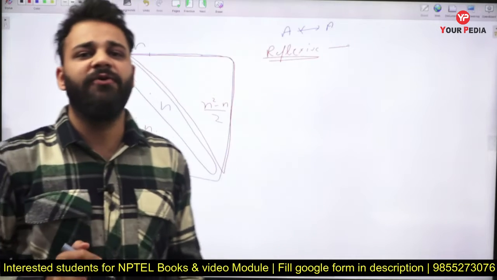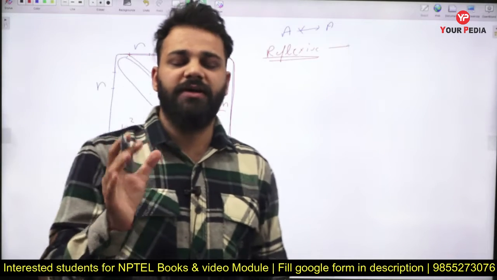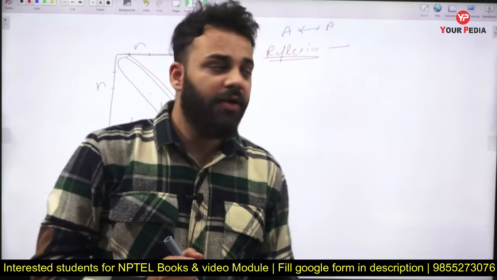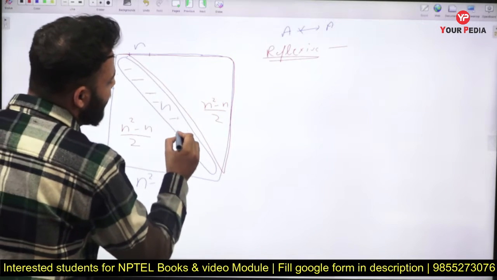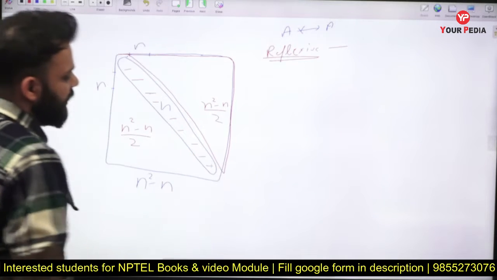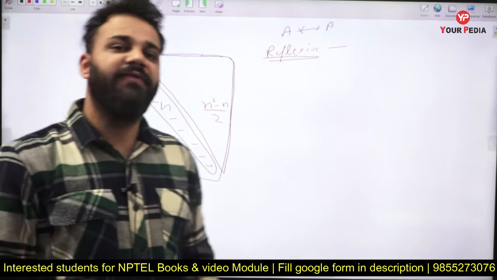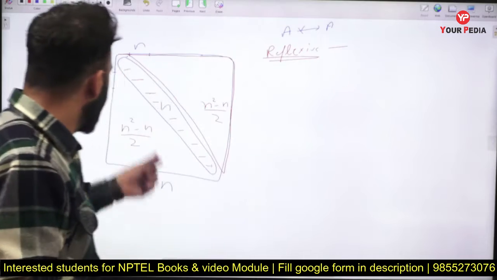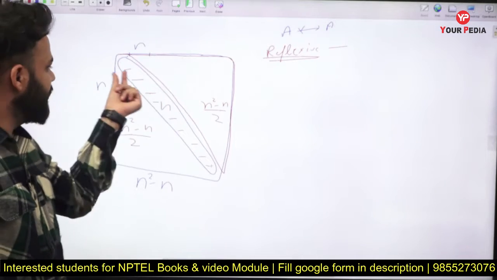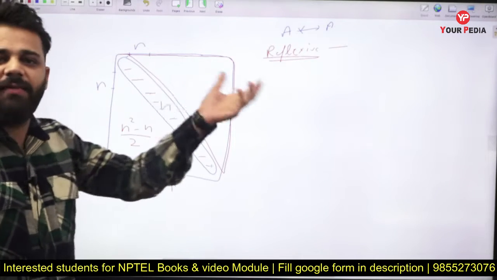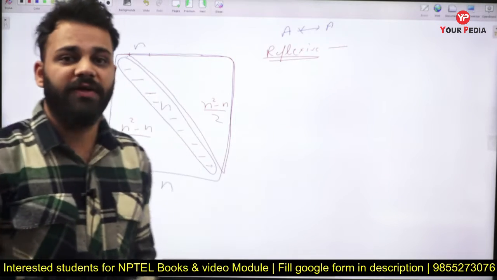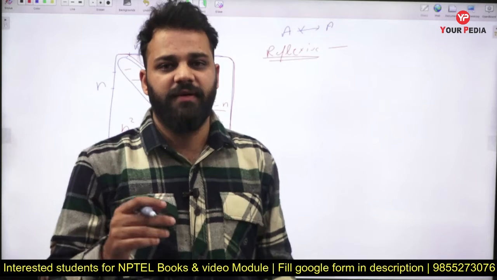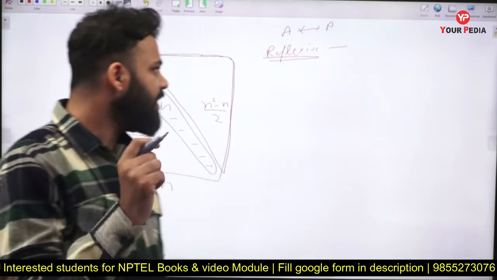Even if one self loop is missing, the relation will not be reflexive. So all these elements must be present in the relation in order for our relation to be a reflexive relation. So all the diagonal elements will be present always. They don't have any choice, they will be present in every case.